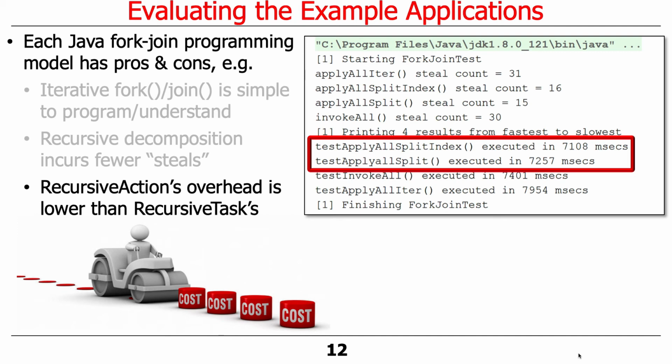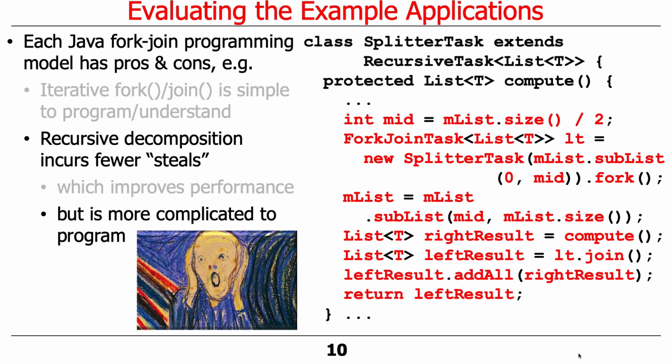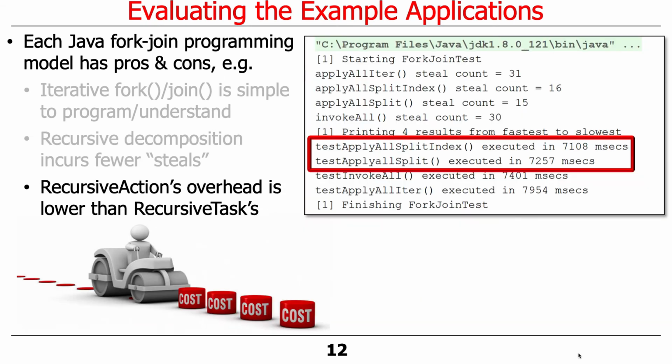So I think you're asking, when a non-fork join client invokes, the question was, how do you start this whole thing in motion? So if you're a non-fork join client, if you think back to the program, you're like the call to apply all iter, or apply all split, or apply all split index, whichever one of those things.